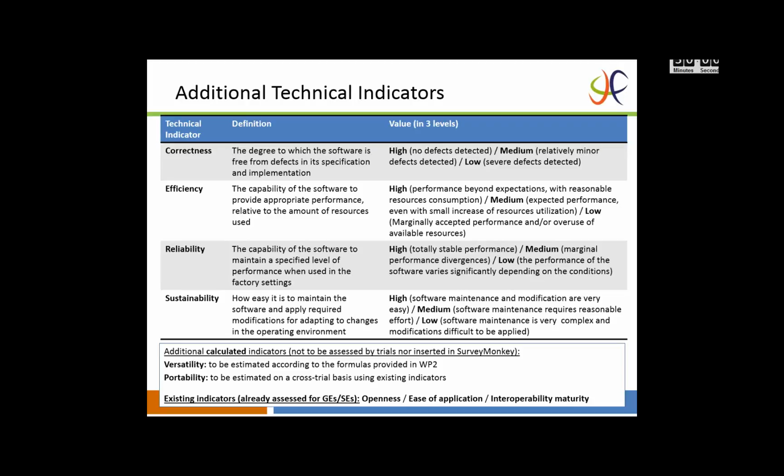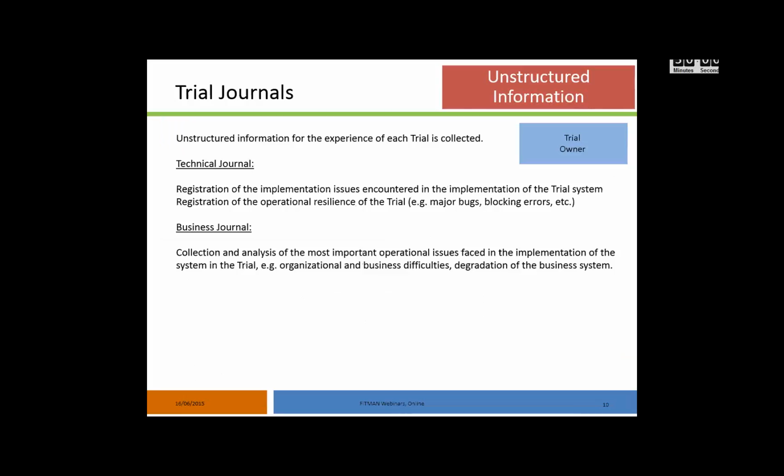For the trial solution, what we tried was not just to involve the people that were behind each solution, the trial owners, but also people within the organizations from other departments, from other units in the organization, in order to get a broader understanding of what kind of added value the solution we deployed in FITMAN provided to the overall organization.